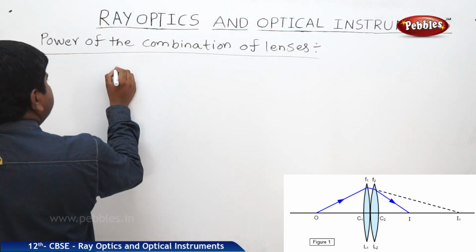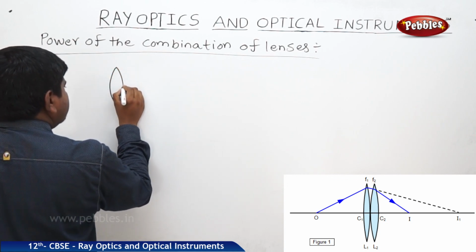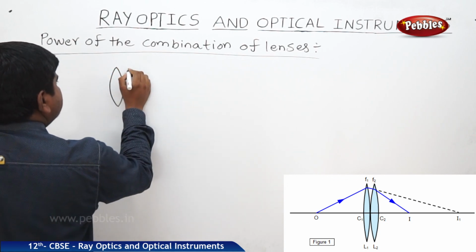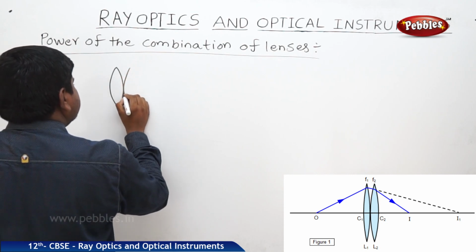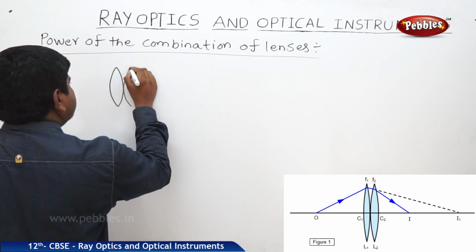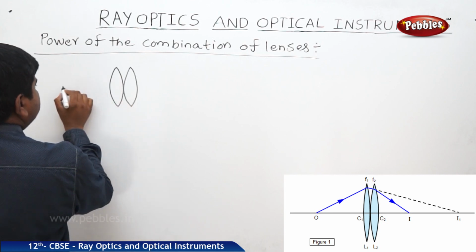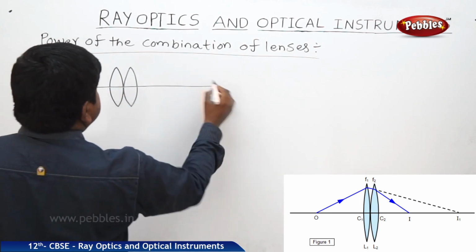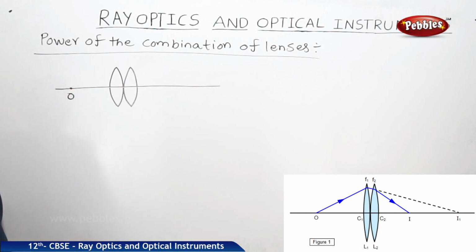Let us suppose there are two convex lenses which are joined like this. One optical center is common, and passing through that, this is the object.